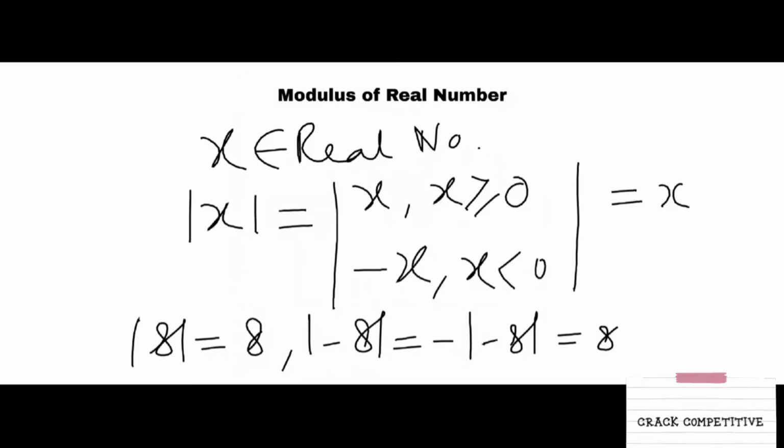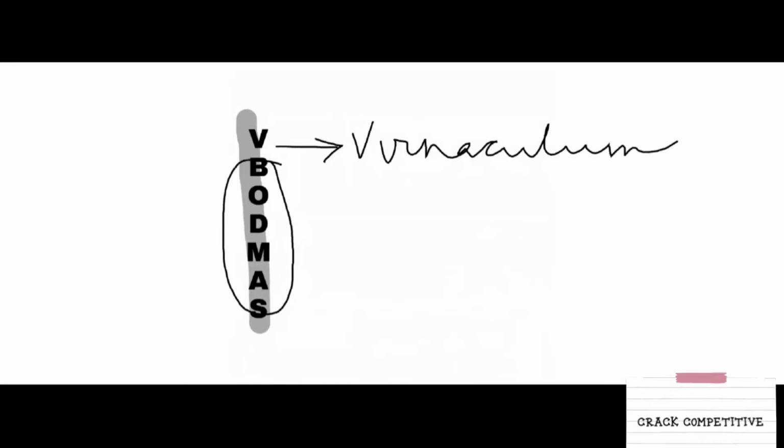So what we have learned today, to sum it up: we've learned the BODMAS rule, which is the basic rule of simplification or of solving any equation. We have learned that first part also, which has the vernaculum bar, and the uses of that.